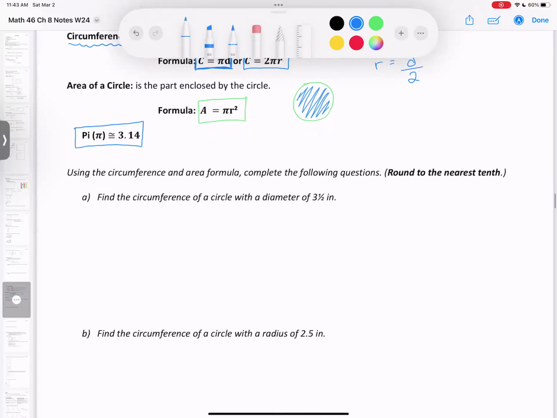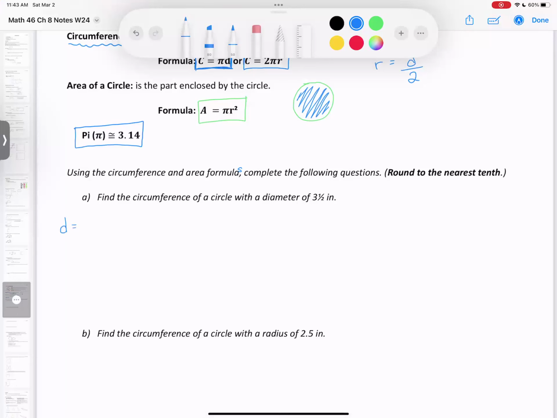Okay, let's do some questions. So using these formulas, we want to complete the following questions. We're going to round to the nearest 10th. So first one, we want to find the circumference of a circle with a diameter of 3.5 inches. Okay, so often what I like to do on the left is I just write down what we know.